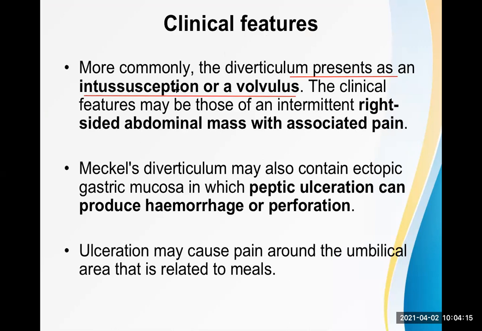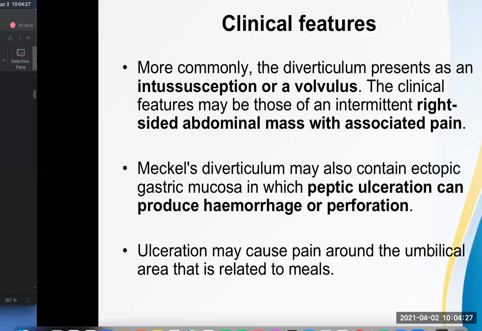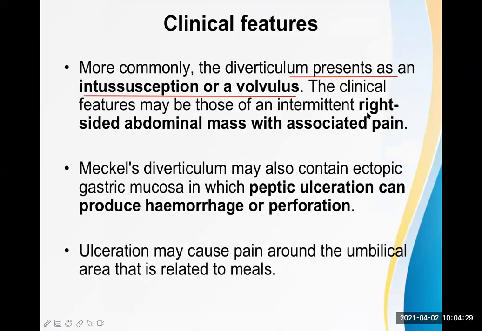From there, the bowel goes distally, telescoping into the distal segment. This is known as intussusception. Volvulus means twisting of the bowel. The clinical features may be those of an intermittent right-sided abdominal mass with associated pain.